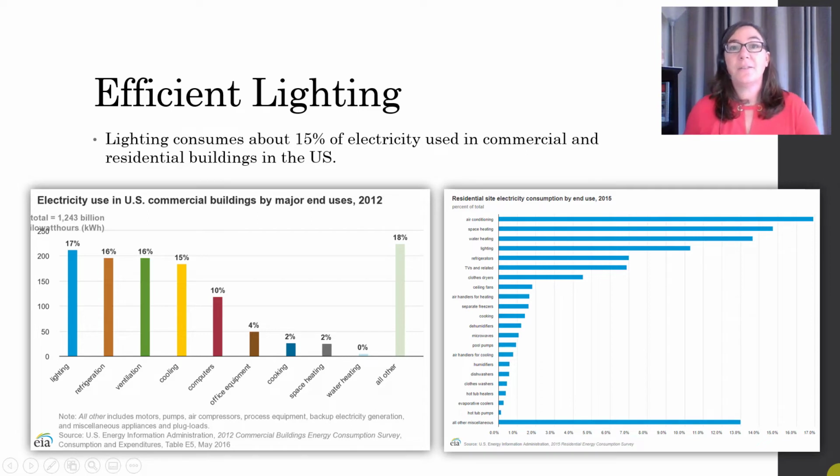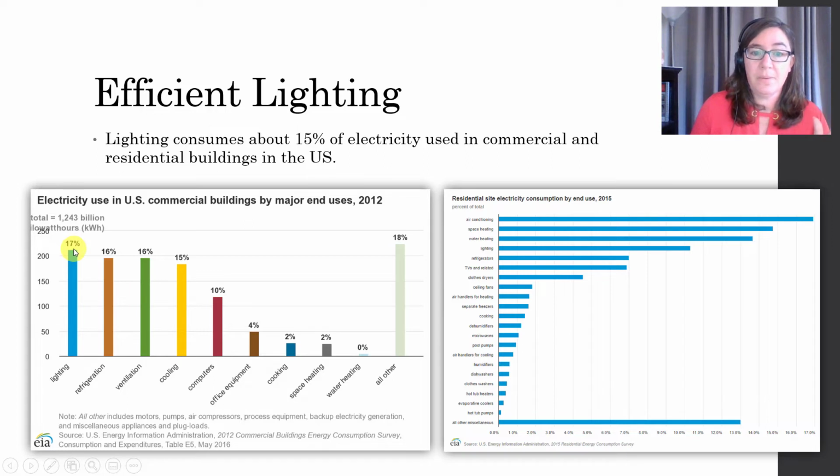Let's move on to our next topic, which is lighting. Lighting is very important for energy efficiency. Why? Because it consumes roughly 15% of the energy in all buildings in the US. Let's take a look. On the left, we have all commercial buildings, and you can see that lighting here takes 17% of the energy consumption in these buildings.